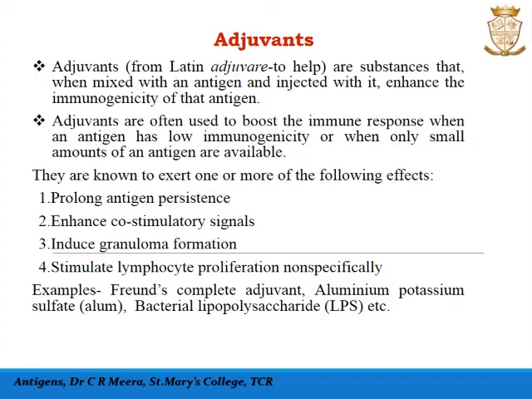Adjuvants are known to promote the immunogenicity of an antigen in different ways. They can prolong the persistence of antigen in the body, enhance co-stimulatory signals, induce granuloma formation, and also cause non-specific proliferation of lymphocytes.